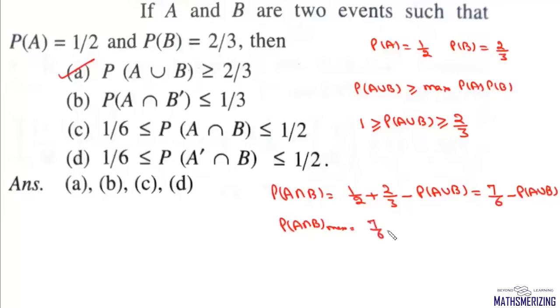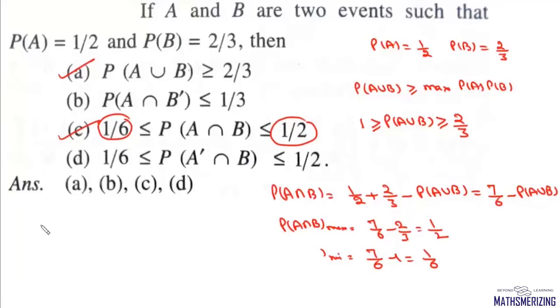So 7 by 6 minus 2 by 3, and there will be 7 minus 4, which is 1 by 2. So its maximum value will be 1 by 2 and it will be minimum when we put maximum value of P of A union B, which is 1, which gives 1 by 6. So this value will lie between 1 by 6 and 1 by 2. So that means option C is also correct.